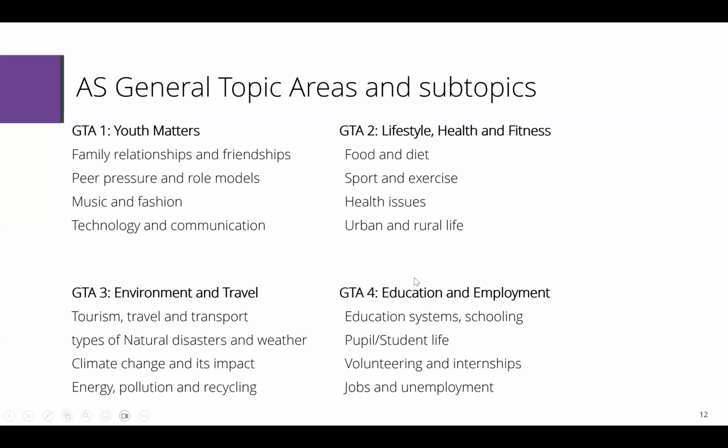So I'm just going to go on to the next slide. You can see then that there are 4 of these general topic areas, and each one of these 4 general topic areas has got 4 subtopics. And what you need to ensure within your teaching is covering all of those subtopics. It's very important for both the speaking, and it's very important for the listening, the reading and the writing.